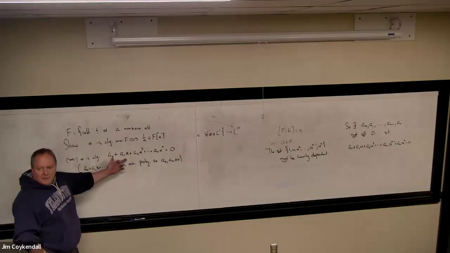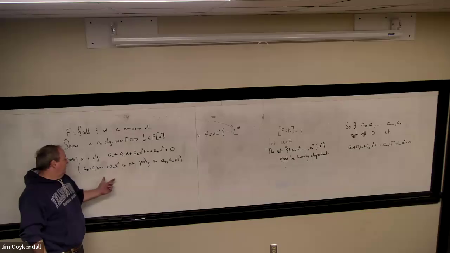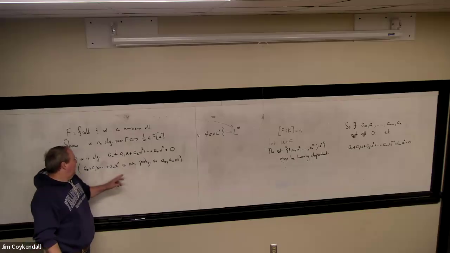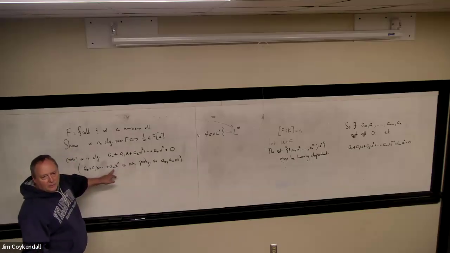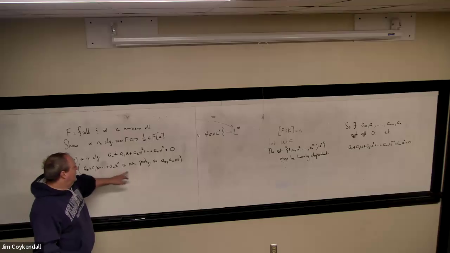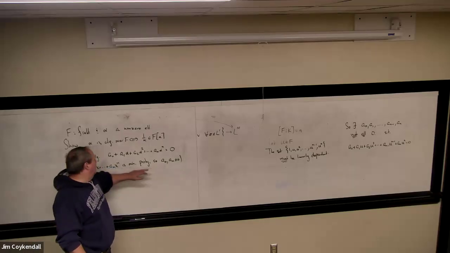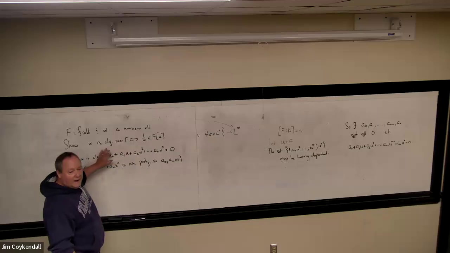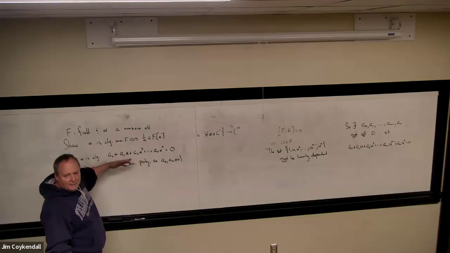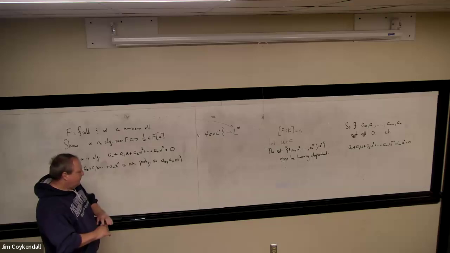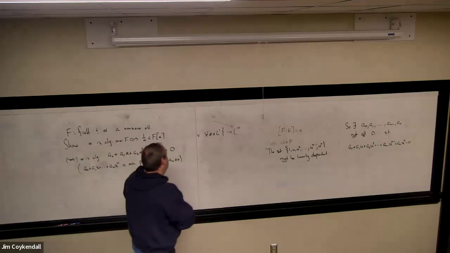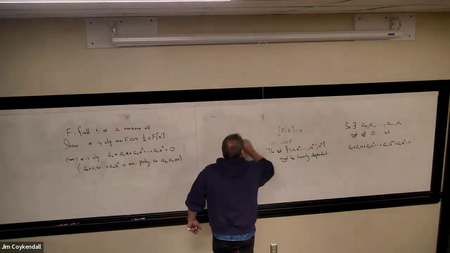I'll assume that this is the minimal polynomial. That is, I'm going to assume that an is not 0, because otherwise I wouldn't have written it. And notice that if a0 is 0, that means that I can pull a factor of x out of the polynomial and have a smaller one. Everybody okay with that? I'm going to use both of those in a minute.